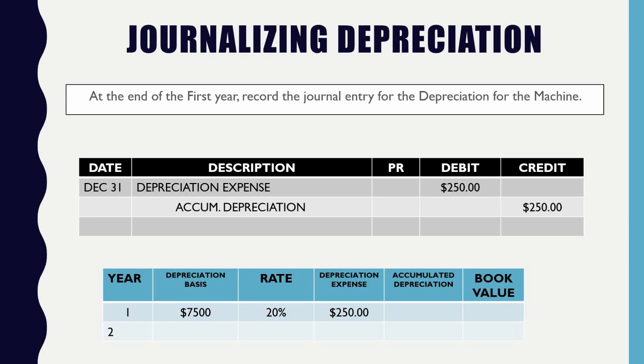All right. Any questions in regards to just straight line in general and how we calculated this? None on my end. So does that mean on the second year, the depreciation expense, because it's one whole year, is it going to change or is it going to be the same as the first year, 250?